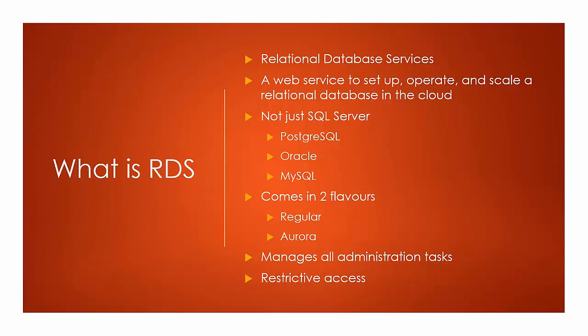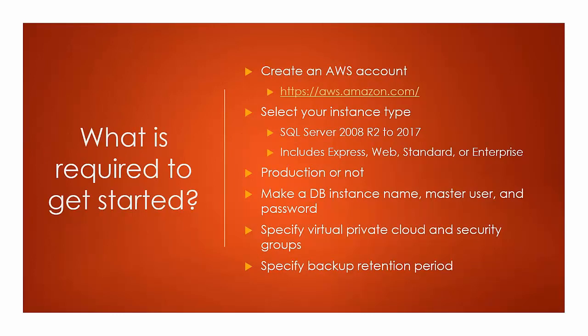So what is required to get started? It's real easy. All you have to do is create an AWS account. It's free, just aws.amazon.com. Basically, you'll log into console.aws.com, and it'll ask you for a credit card, and then you can start making instances right away. You have to select your instance type.